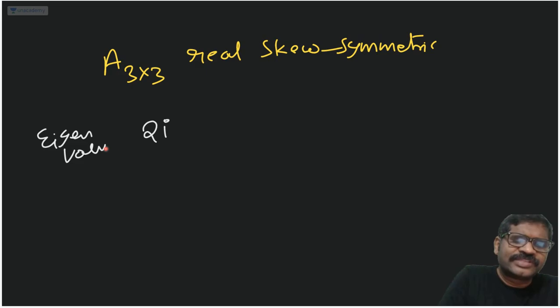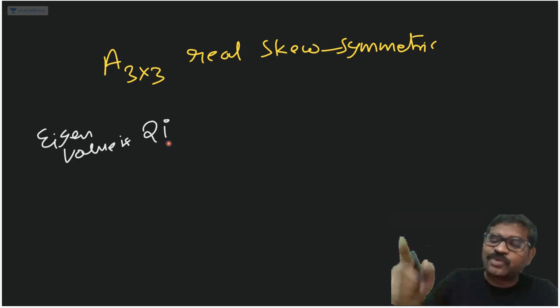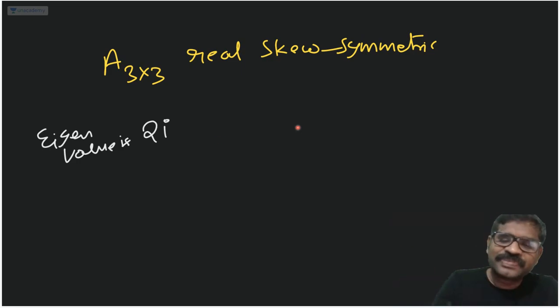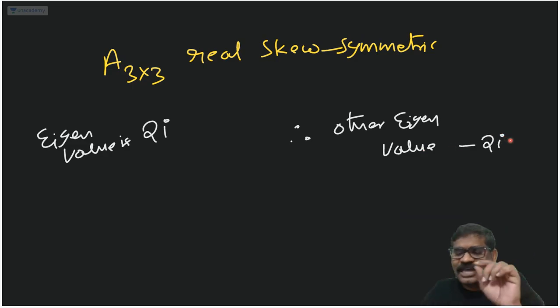Please remember, if one eigenvalue is 2i, compulsorily the other eigenvalue would be minus 2i. I have given this property also: if a plus ib is an eigenvalue of A, a minus ib is also an eigenvalue of A.